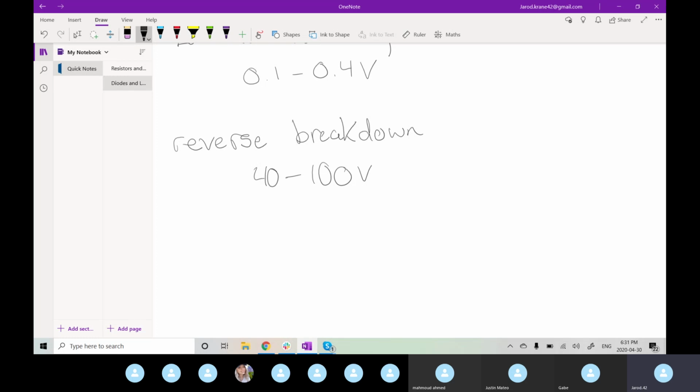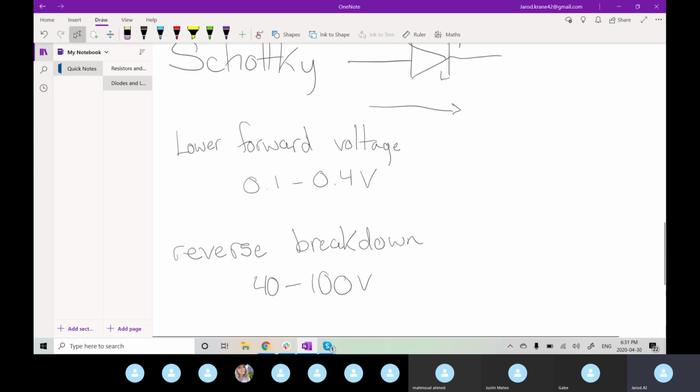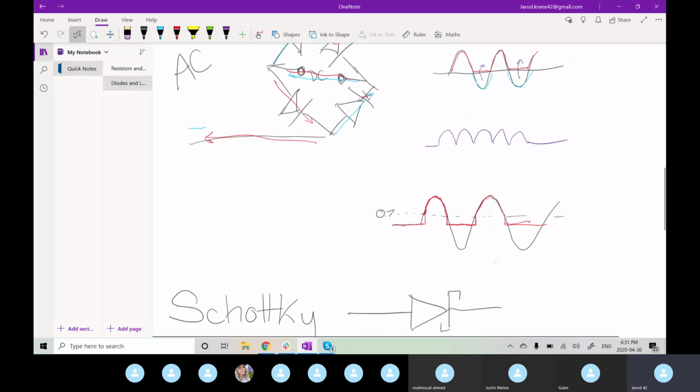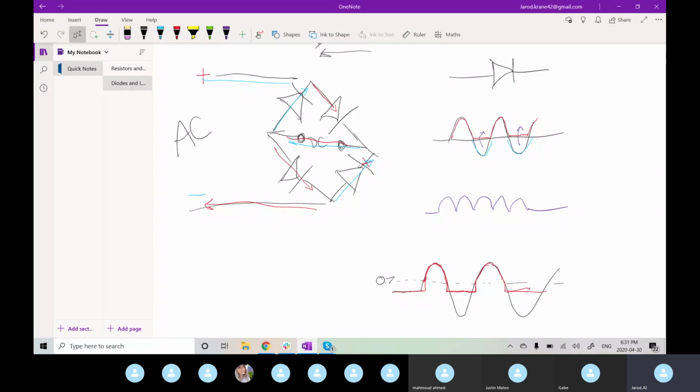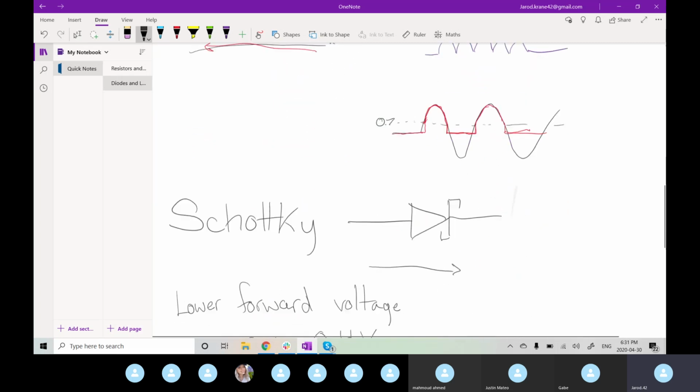So these aren't suitable in high voltage applications if you're trying to block reverse voltages, or if you're trying to make a high voltage rectifier using Schottkys. They will break down at 50 to 100 volts, so they'll become null and cause short circuits in your system.